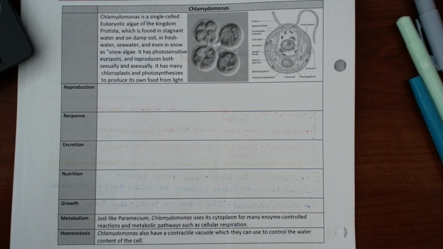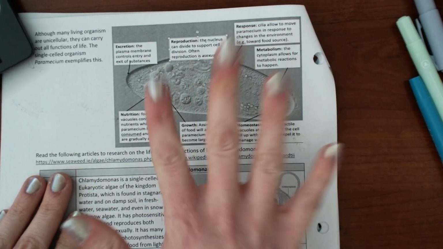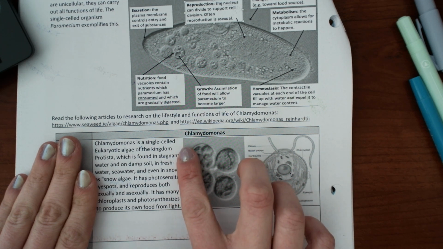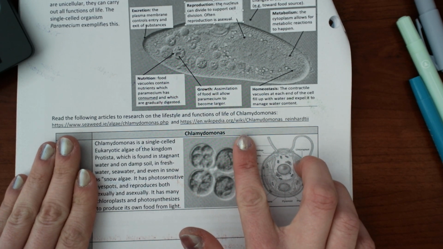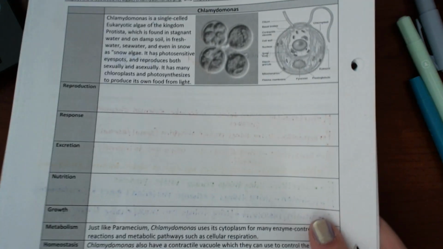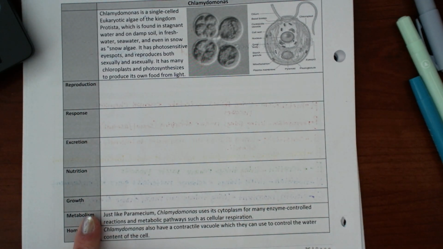And so they give you an example of a unicellular organism that has all of the functions of life. They give you a written out example for a protozoa, and then they ask you to do research about a Chlamydomonas. I'm butchering it. I know I'm butchering it. And so I'm going to ask you all to do this research on your own. Fill in this table as practice.